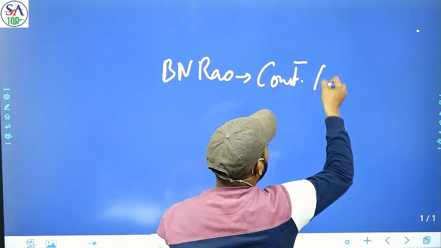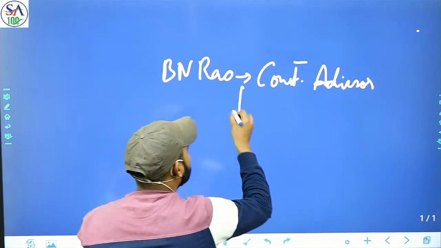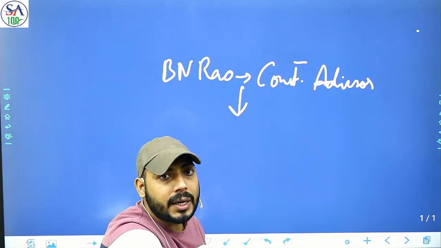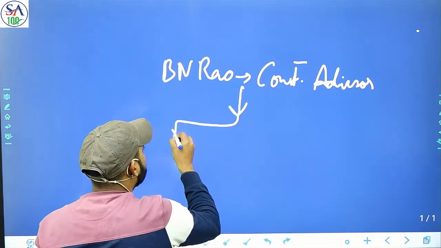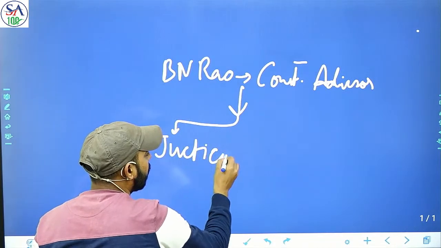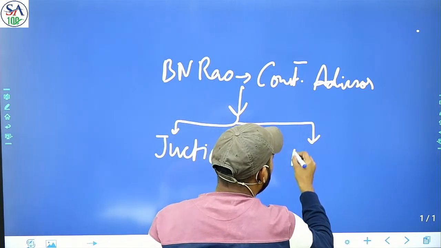What was his suggestion? His suggestion was that fundamental rights should be of two types. First one should be justiciable, and second one should be non-justiciable.